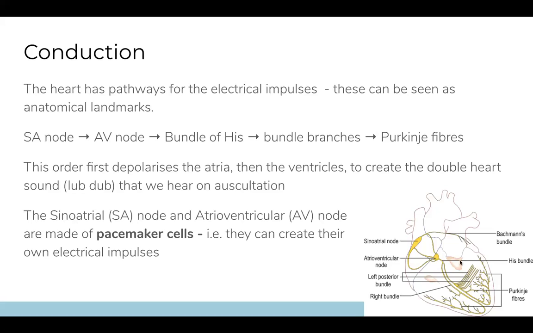So I don't think they necessarily produce their own electrical impulses. The SA node and AV node are specialized to actually send things through. But I think it'll eventually depolarize and repolarize and then depolarize by itself, just by movement of ions in and out. But I don't think it actively creates an impulse, if that makes sense. Does that make sense?